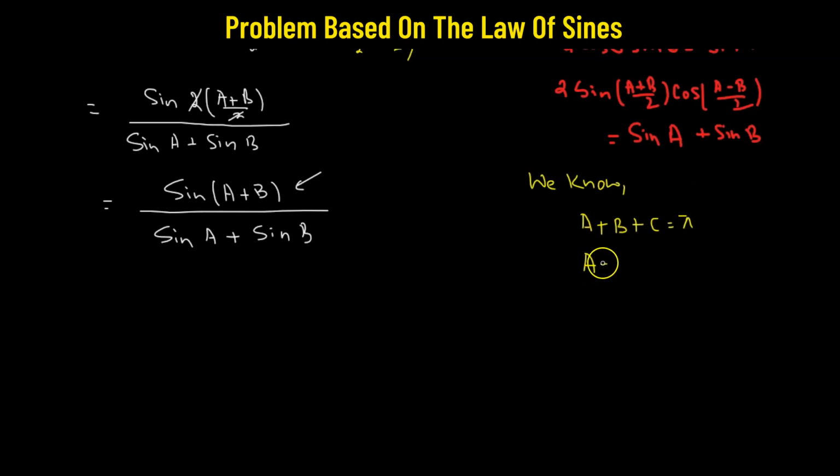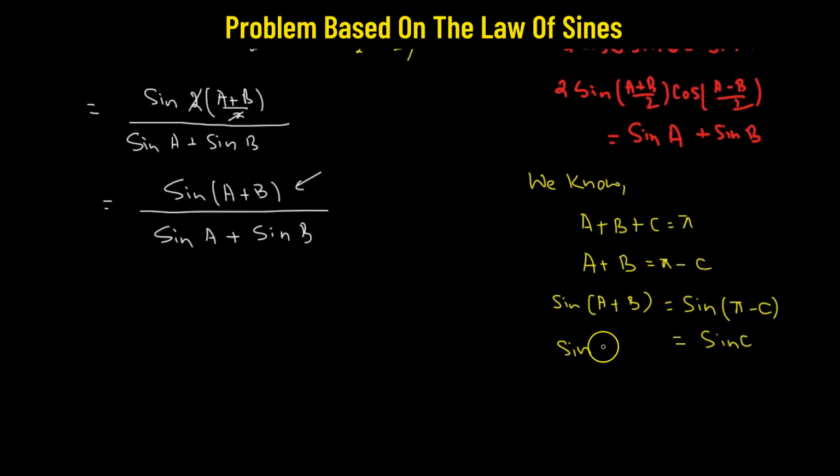A plus B can also be expressed as pi minus C. Now if we take the sine on both sides, sine of A plus B equals sine of pi minus C. So what's sine of pi minus C? That's simply sine C. So sine of A plus B is equivalent to sine C. So our numerator now becomes sine C, and in the denominator we have sine A plus sine B.